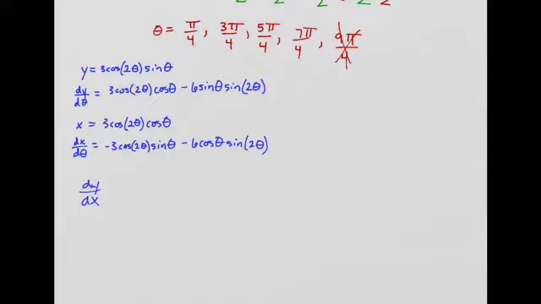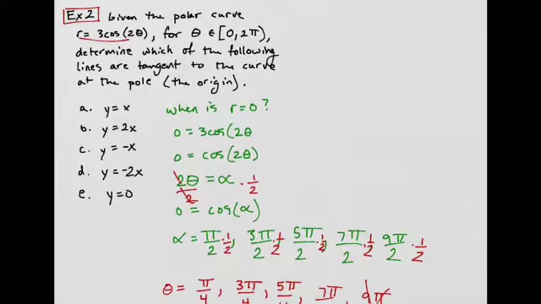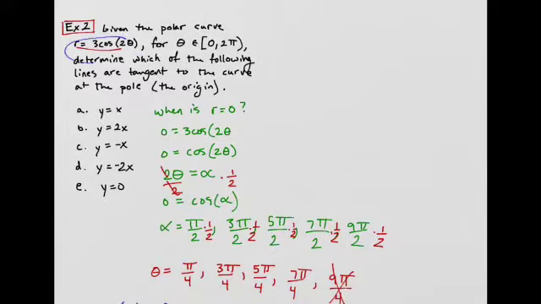Actually, maybe you should try this, but I'm going to plug in things. I'll plug in these 4 theta values. It'll turn out that I actually didn't need those, but it'll be okay. Because remember, what I'm trying to do is first figure out where this goes through the origin. That's by setting r equal to 0.